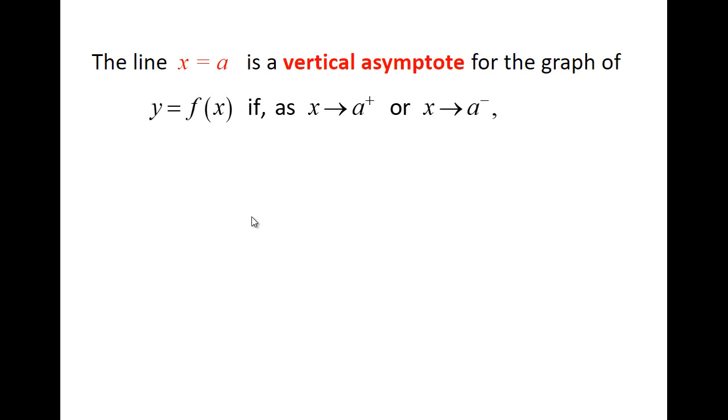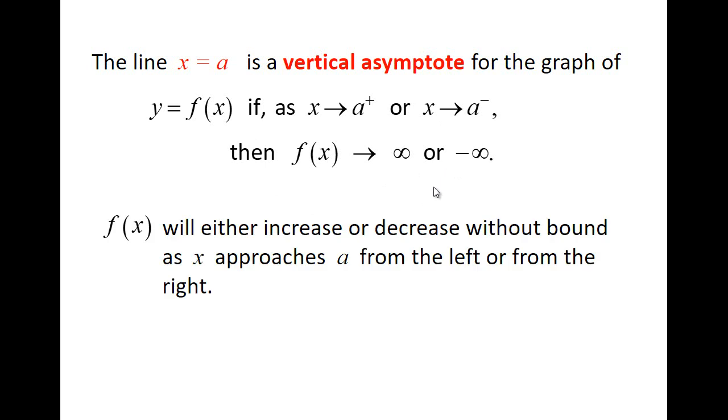Recall that the vertical line x equals a is a vertical asymptote for the graph of a function f of x if as x goes to a from the left or right, the value of the function approaches infinity or negative infinity. f of x will either increase or decrease without bound as x approaches a from the left or from the right.